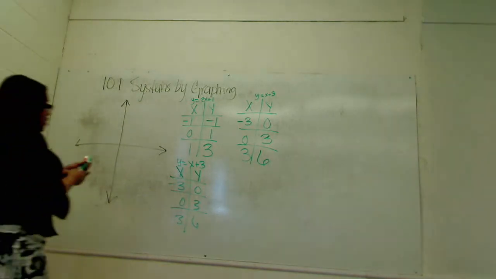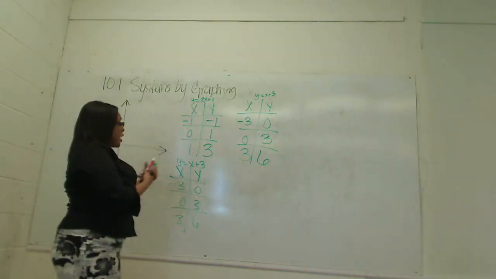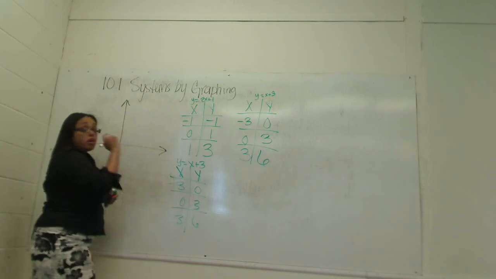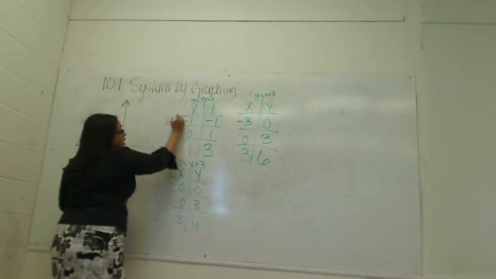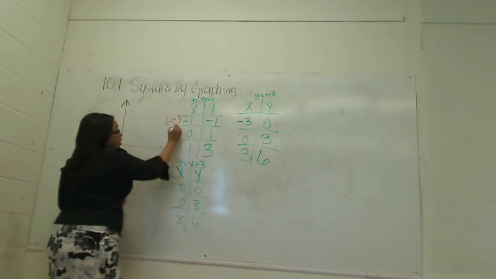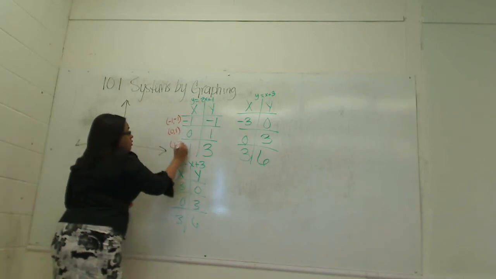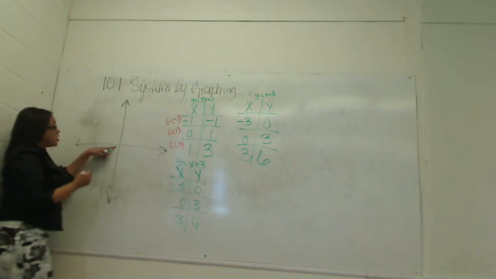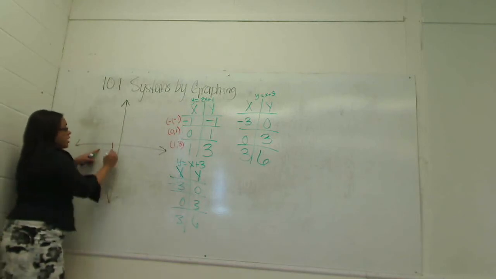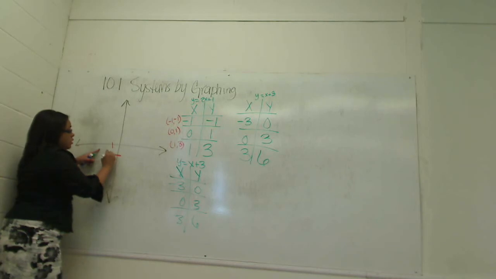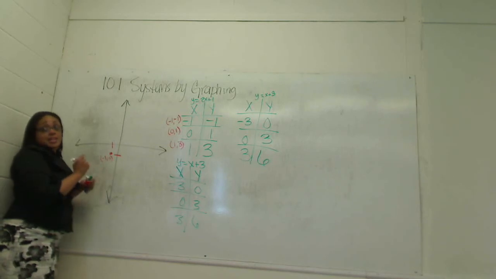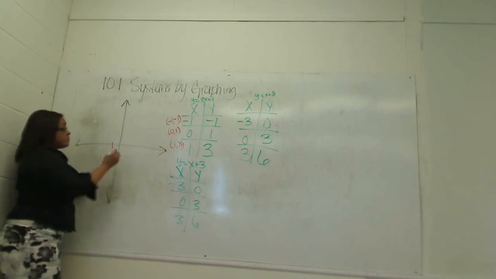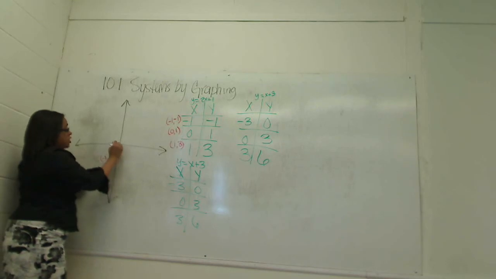I'm going to start with the first equation here, y equals 2x plus 1. My first pair or coordinate point was -1, -1. This is 0, 1. This is 1, 3. Start at the origin. Over 1 to the left, down 1. That's the point -1, -1. Then 0, 1: start at the origin, go up 1.